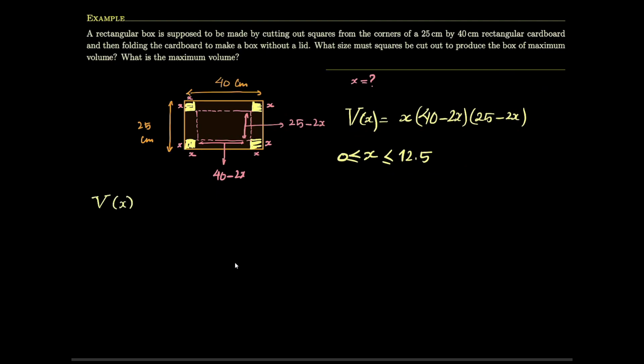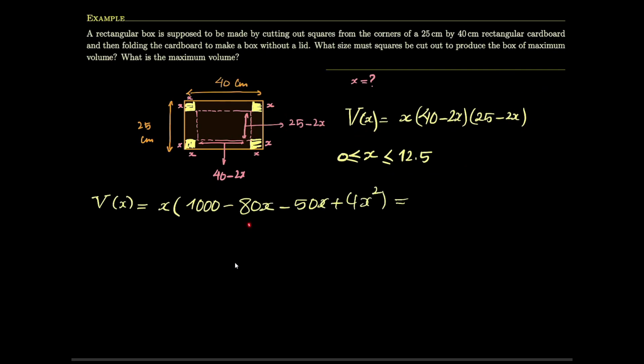V of x is equal to, so I multiply this by that first, which becomes 40 times 25 is 1000, and then minus 80x, and then minus 50x, and then plus 4x squared.